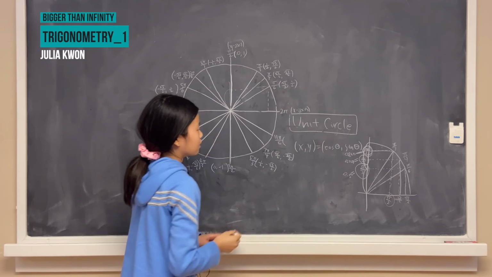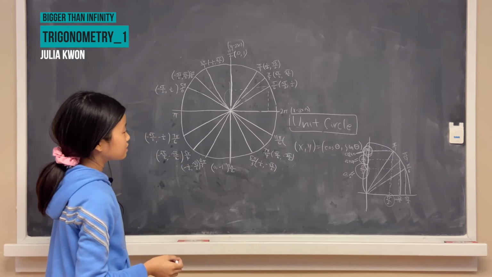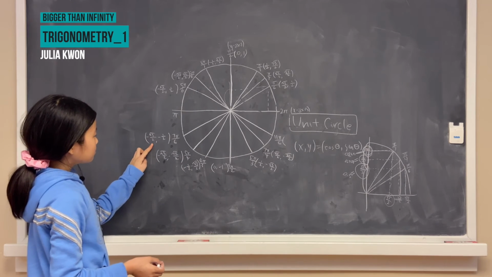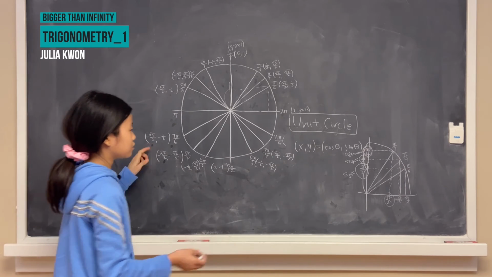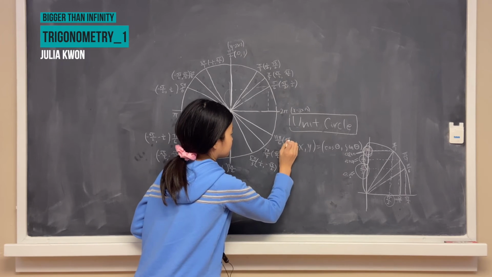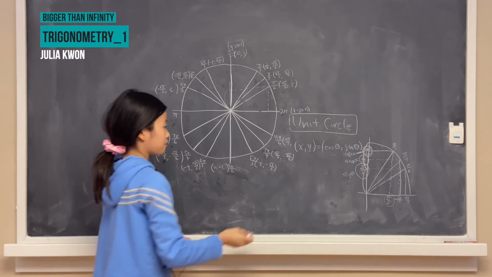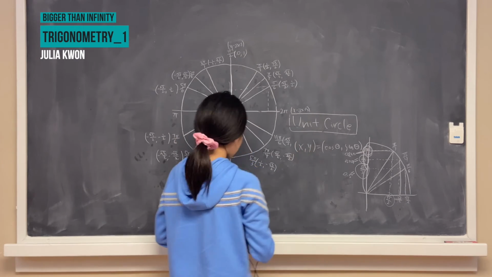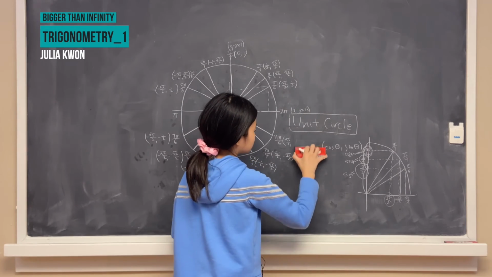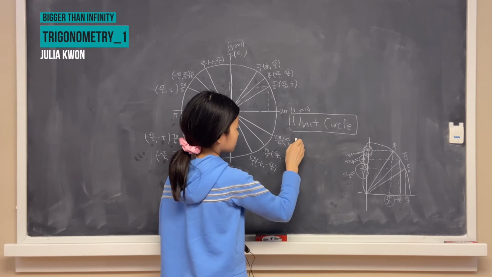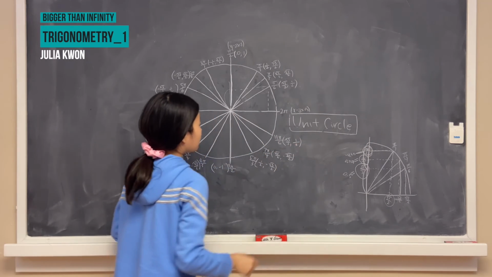And for the radian 11 pi over 6, we would have positive square root of 3 over 2 and negative 1/2. Okay, I'll erase this part so we have more room. And positive 1/2.